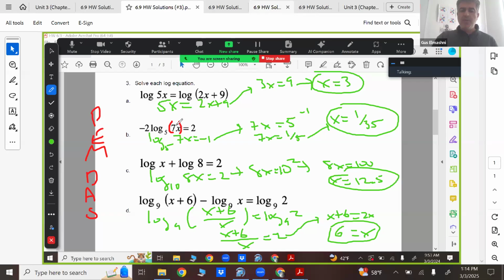So obviously, if you're plugging something in for x, you got to do 7 times that number, do the log, and then do -2. But what's the opposite of it? The multiplication part. So you get rid of that first, then get rid of the log next, then get rid of the 7 afterwards. So you go in the reverse order when you're solving equations, right? That's what we do. But for part C, you have to combine the 2 logs first. Likewise with part D. Use your log properties to do that.